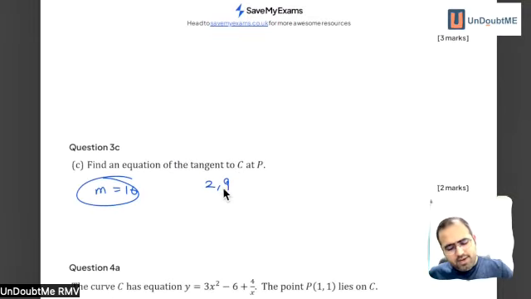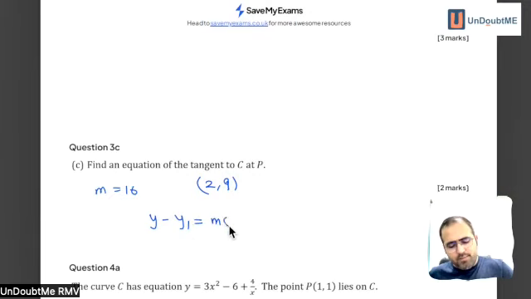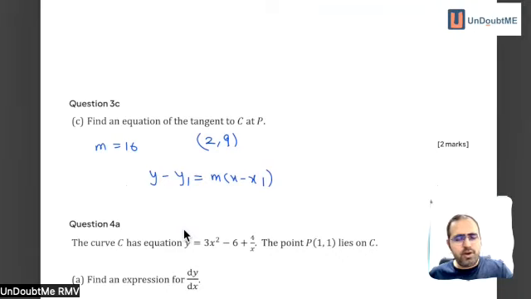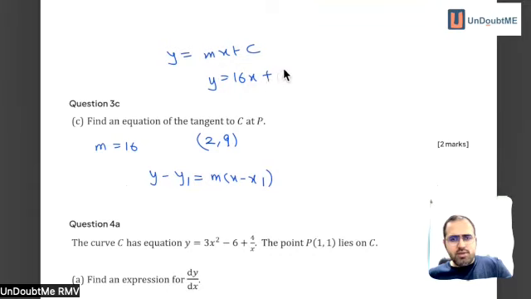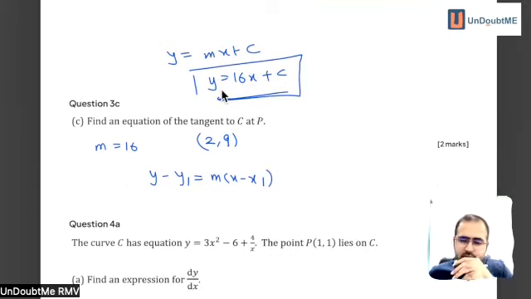So if I have a gradient and a point, I can very easily get the equation of a line. y minus y1 is equal to m times (x minus x1) is one way where you can directly put the point, simplify and get the answer. Another way is our year 11 method, which is y is equal to mx plus c. You put m first, put the point, get c, and then get the final equation. Both of them will be okay, whichever you like.